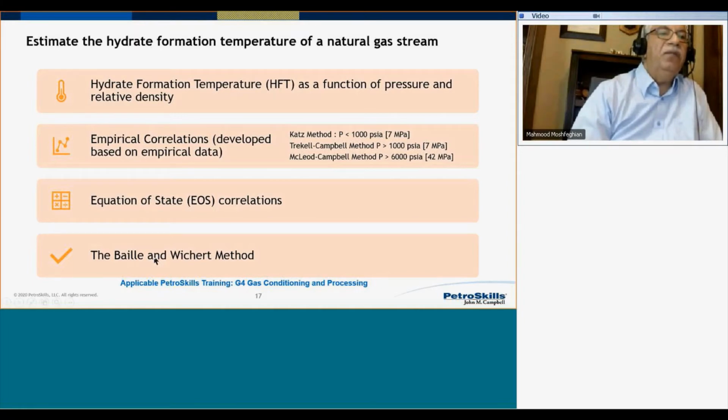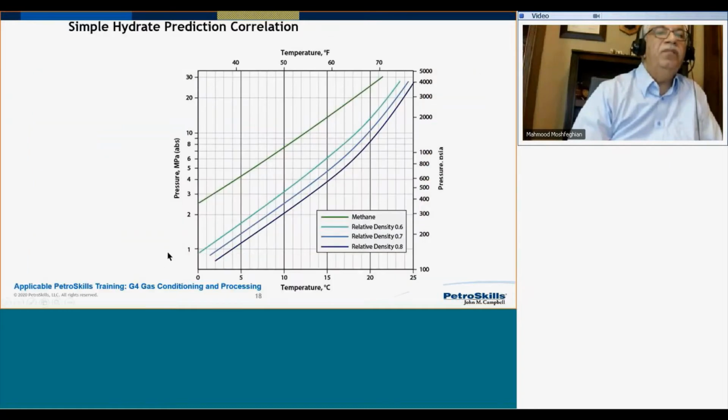Again, this is a shortcut, graphical method, and you can see it in the GPSA data book or the Gas Conditioning and Processing book, Volume 1, Chapter 6 as well. And by the way, the details of this process are covered in our G4 gas processing course, which is famous all over the world.